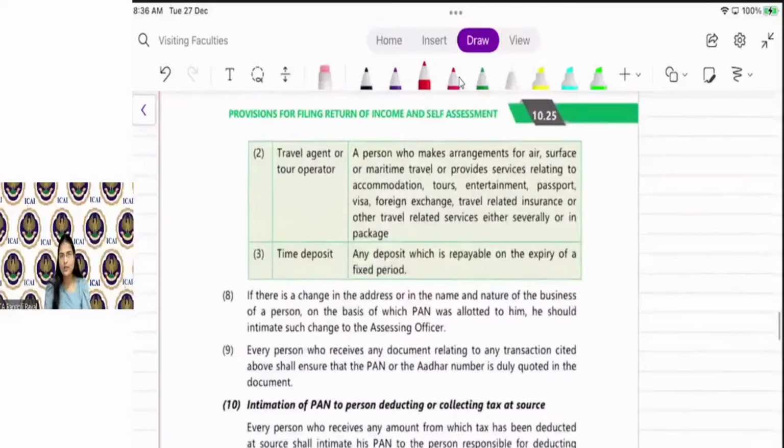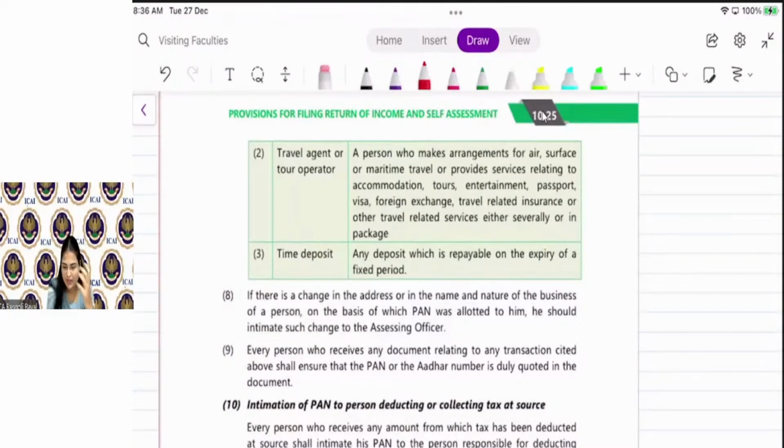Travel agent or tour operator: a person who makes arrangements for air service or maritime travel or provides services relating to accommodation, tour, entertainment, passport, visa, foreign exchange, travel related insurance or other travel related services either severally or in package.